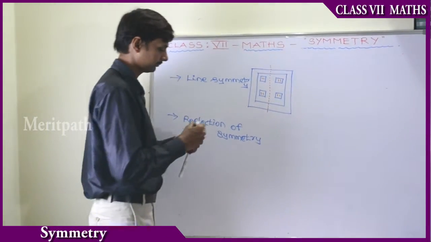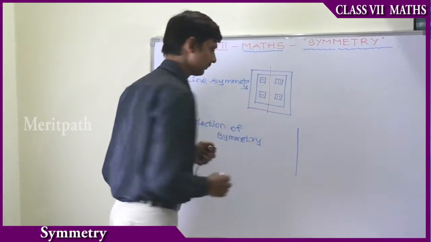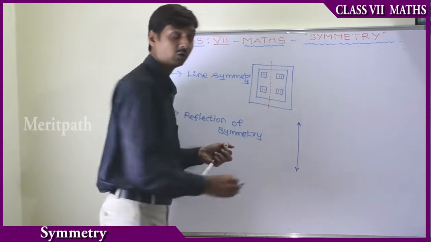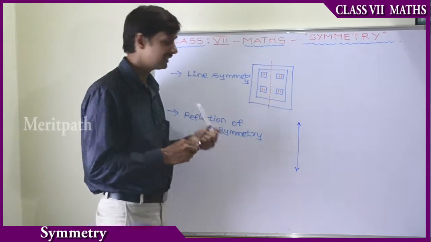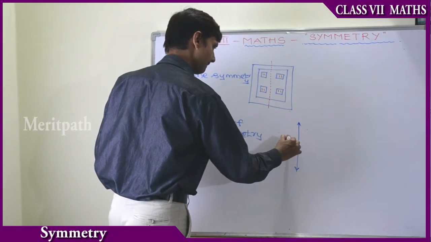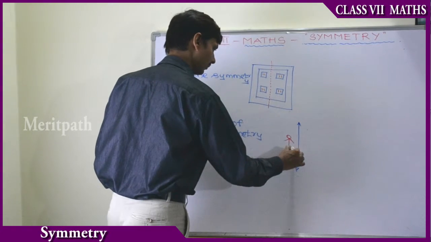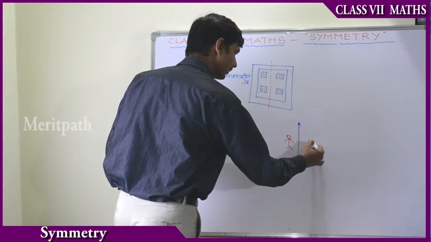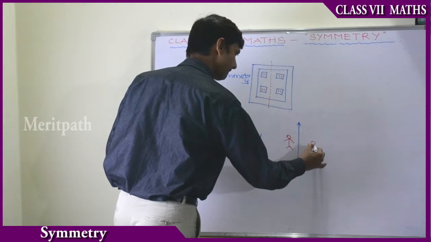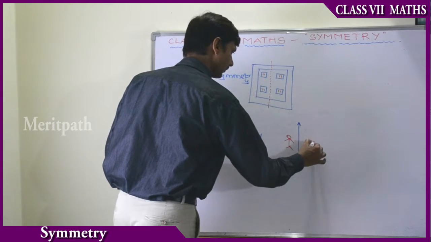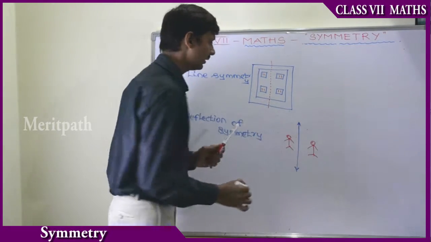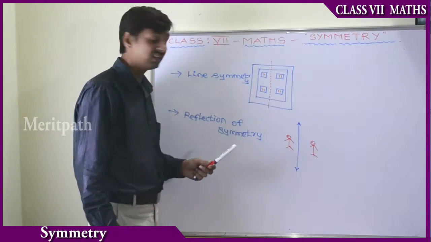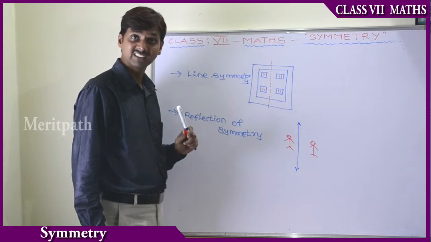For example, this is a mirror. We place an object in front of the mirror. For example, a person standing in front of a mirror looks the same. These two objects look similar, so this is called reflection symmetry.